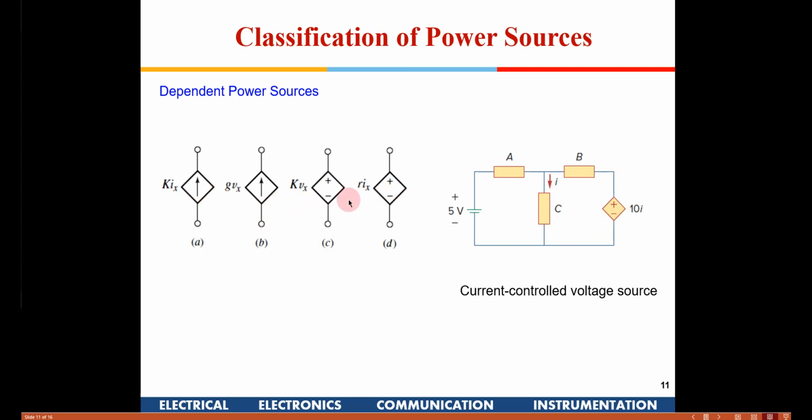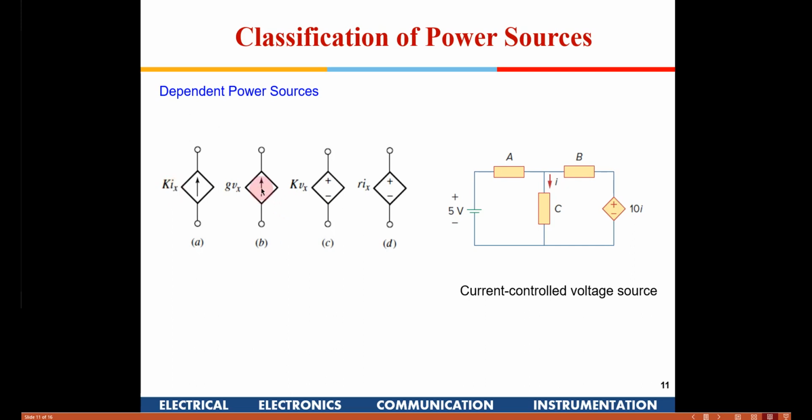So these are the symbols, like this is a current controlled current source. Now if you see, the proportionality constant will be K, because this current is proportional to another current. So obviously it will not have any unit, so it is just K Ix.